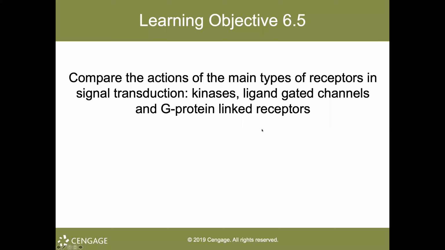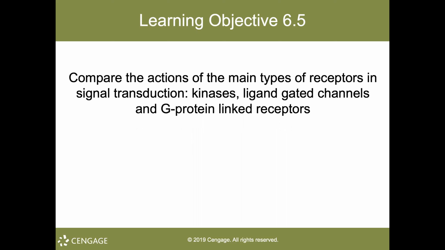So just a short recap and summary, when we want to compare the actions of the main types of receptors in signal transduction, we've talked about the kinases. So kinases will bind signaling molecules and dimerize and these will also phosphorylate, all right?